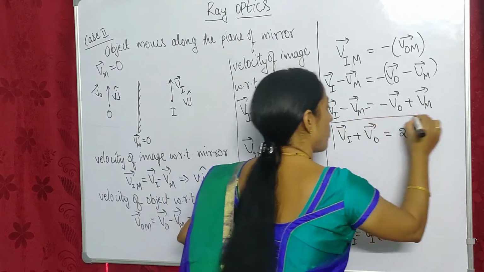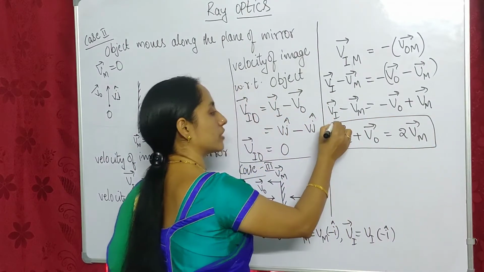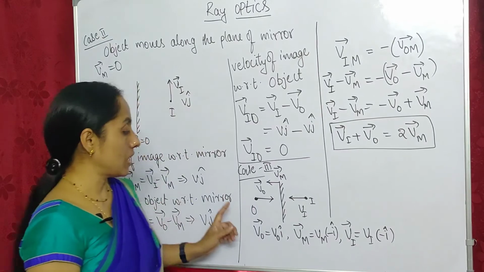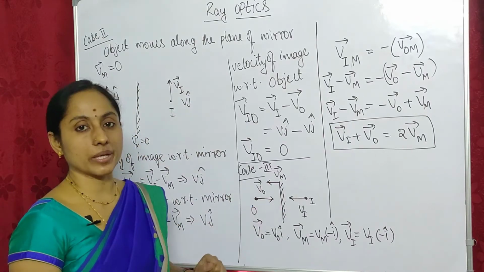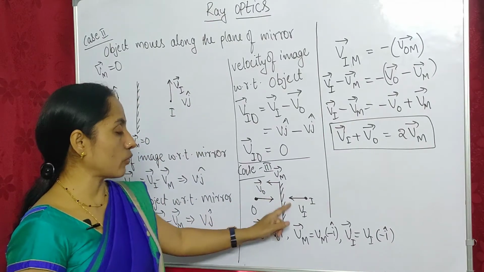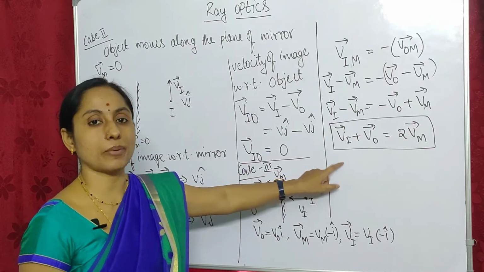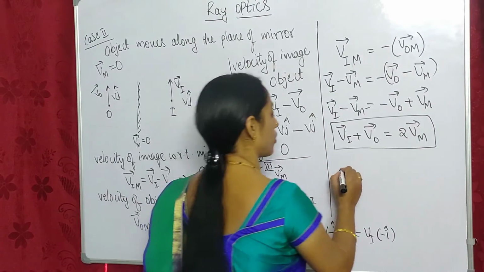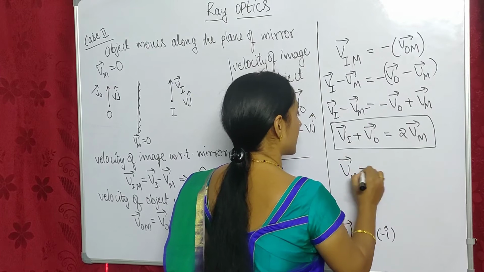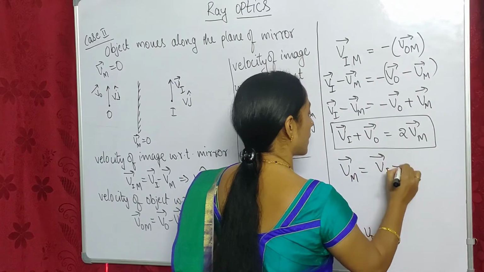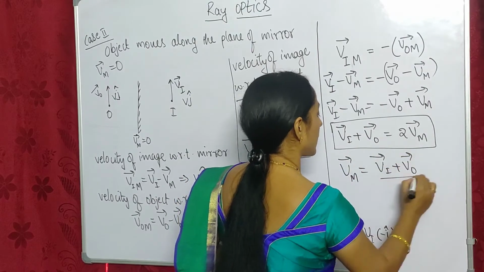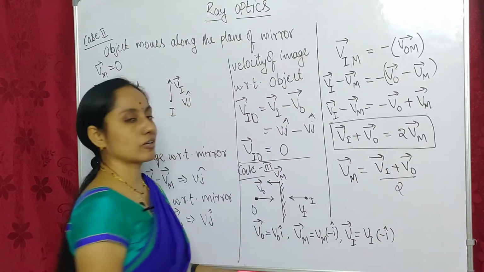This is the most important conclusion, which we use in problems when all three are moving. Or you can also write Vm bar is equal to (Vi bar plus Vo bar) by 2. Any of the conclusions you can take.